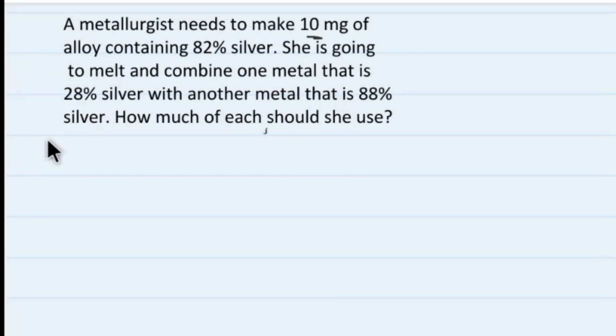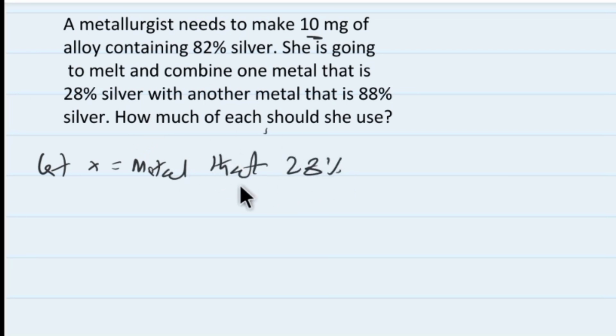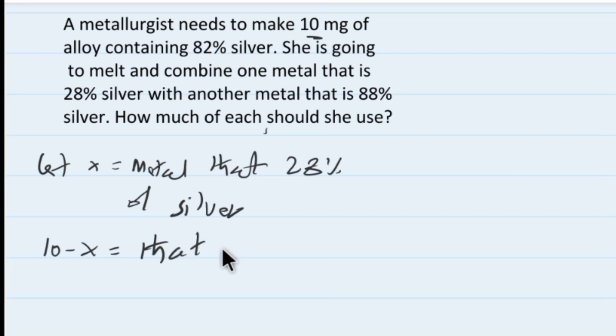So let x be a metal that is 28% of silver, while the other metal would be 10 minus x metal, that is 88% of silver.